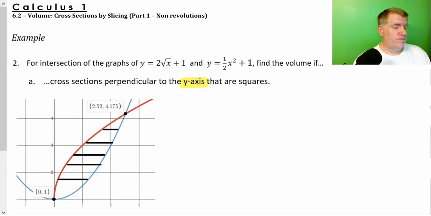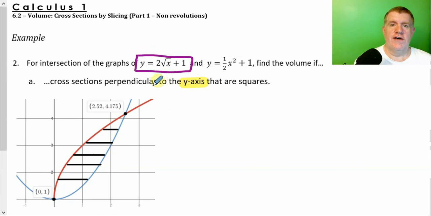So here we go. There's one thing we have to be careful of. If we want cross-sections perpendicular to the y-axis, we have to put our equations in terms of y. Right now they're in terms of x.